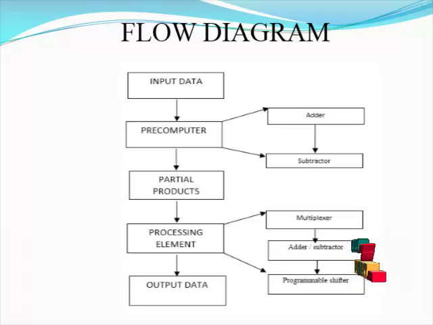Then the processing elements consist of multiplexers, programmable shifters, adders, subtractors, and the storage elements. The input data is given to the mux. The mux1 and the mux2 select the corresponding input data as per our requirement.